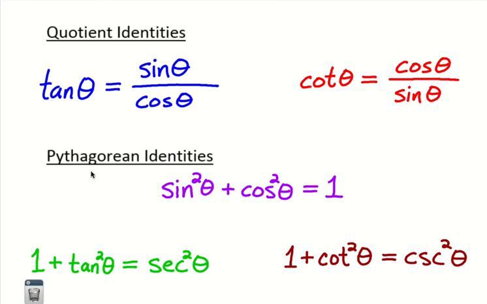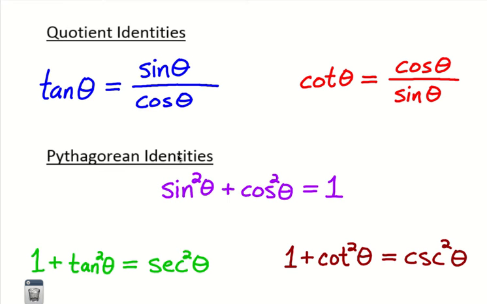And these are the three what we call Pythagorean identities. And if you're thinking to yourself, I wonder if this has anything to do with the Pythagorean theorem, yeah, it does, in a not so obvious way right now. But they're not called the Pythagorean identities for no reason.